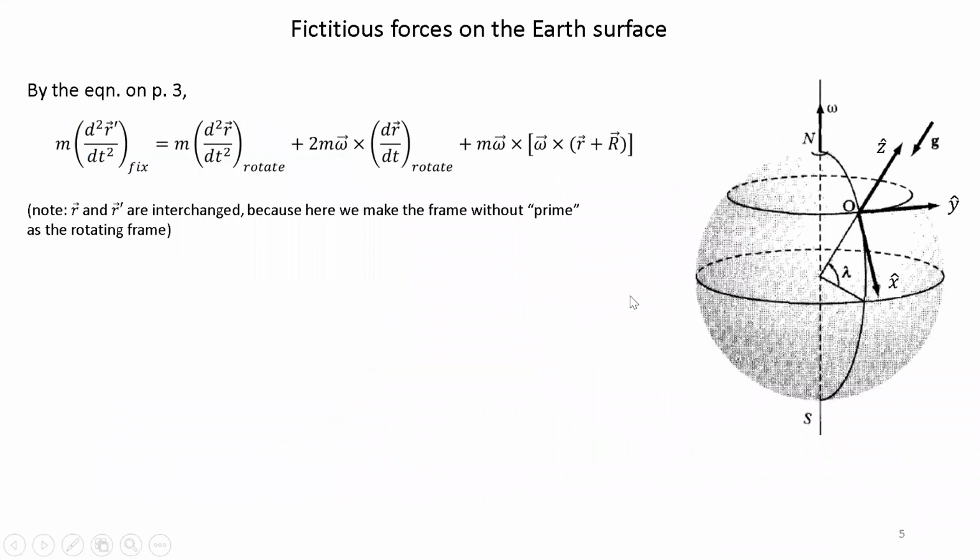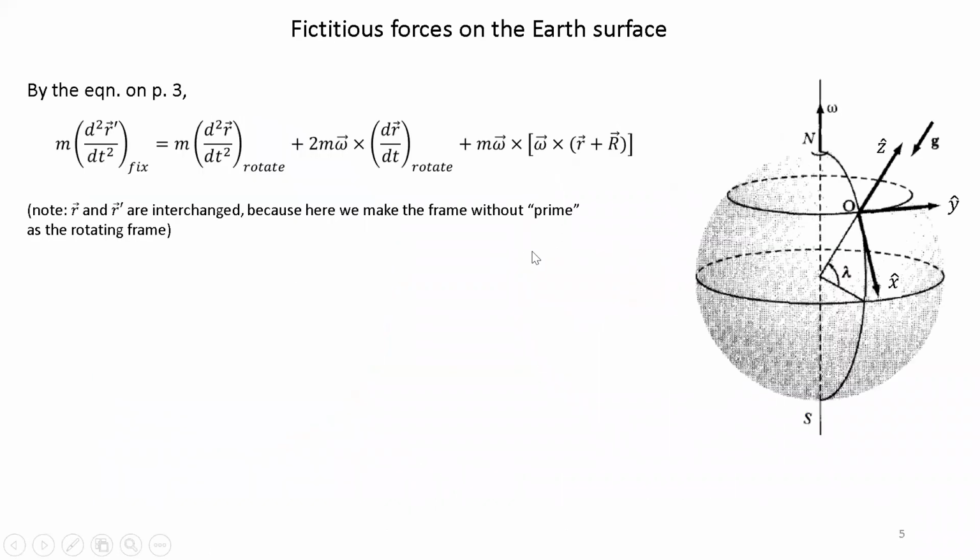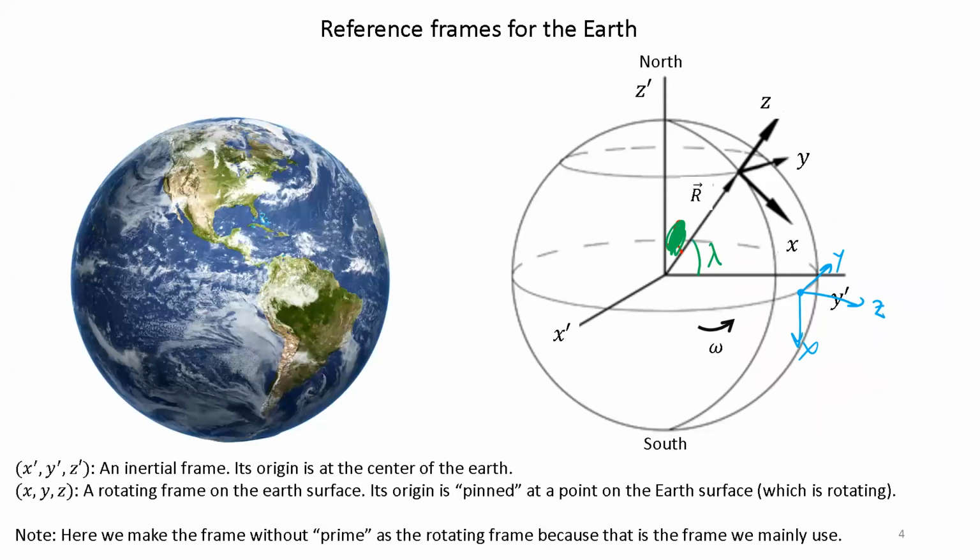Now let's go on to consider the fictitious forces. These are the equations that we have already derived, and now we need to substitute the appropriate capital R and also the omega vectors into this equation. Remember, in our convention the unprimed frame is the rotating frame.